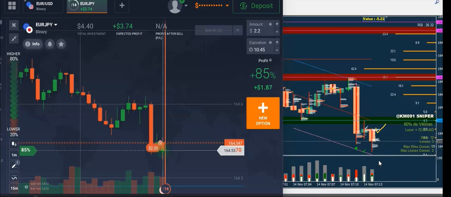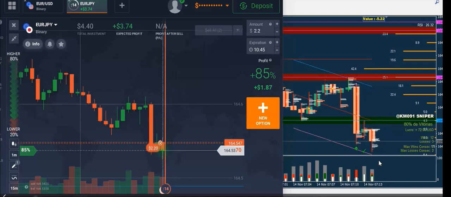Number one, POC at the top in this candle, and strong downtrend is indicated by these sharp bright red wicks. Clear?